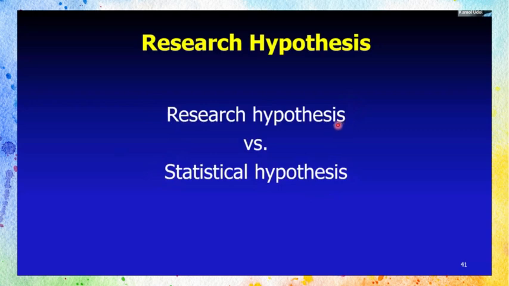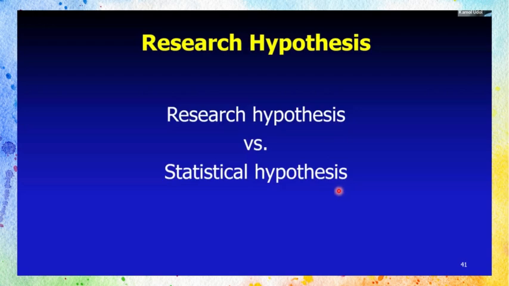You expected that aspirin will reduce the risk of cardiovascular event in patients with type 2 diabetes. But when you analyze data, you will have the statistical null hypothesis, which will state that aspirin will not reduce the risk of cardiovascular event in those patients. That is the statistical null hypothesis.